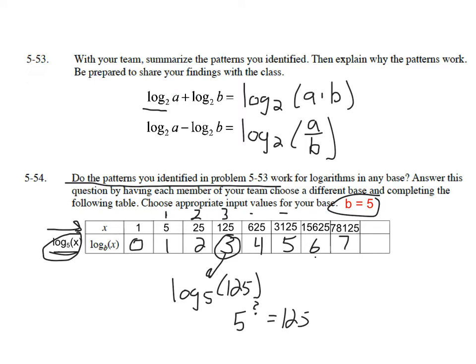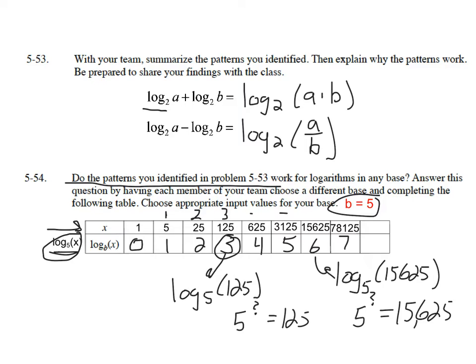If I was to take 15,625, this is asking the log base 5 of 15,625. That value I can find by taking 5 to some power has to equal 15,625. That power happens to be 6. So that's how I built my table. And these two properties from above do apply here.